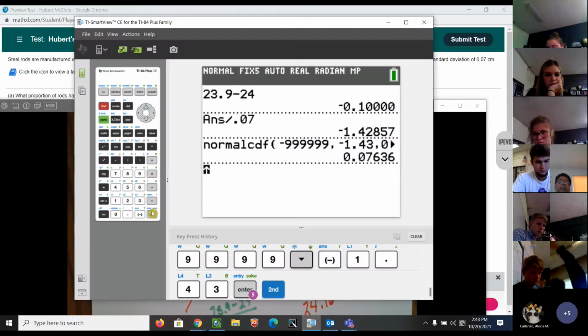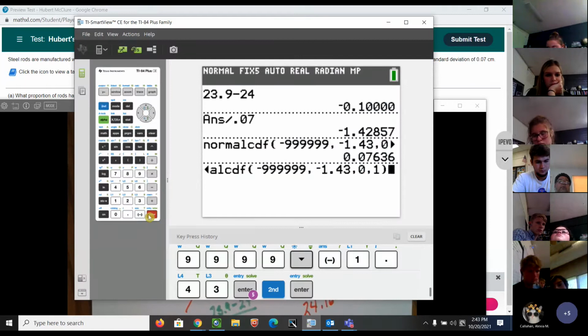So second, vars. Negative 9999 to, we've got to change it to a z-score. I forgot about that. I'm doing that because I'm going to treat everybody like they have an old calculator.